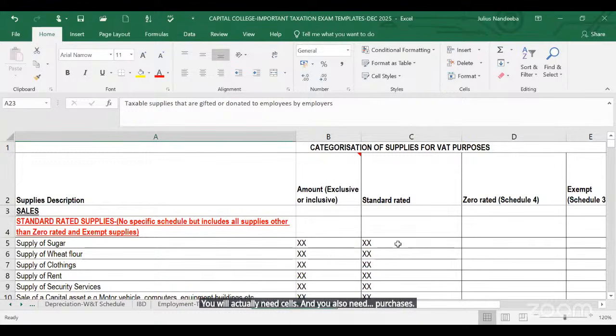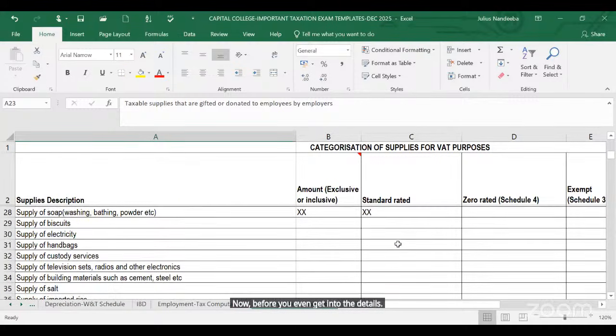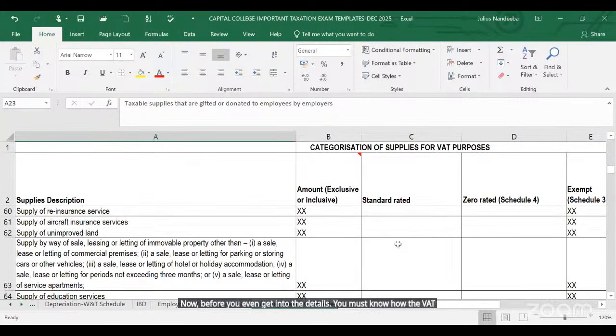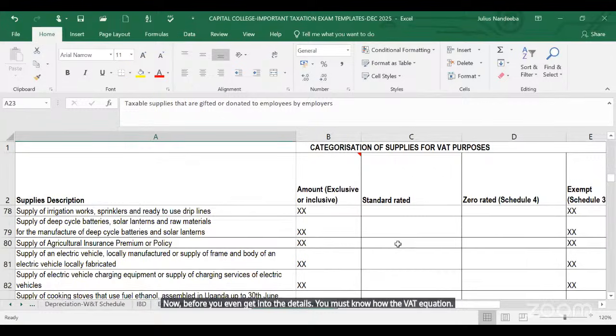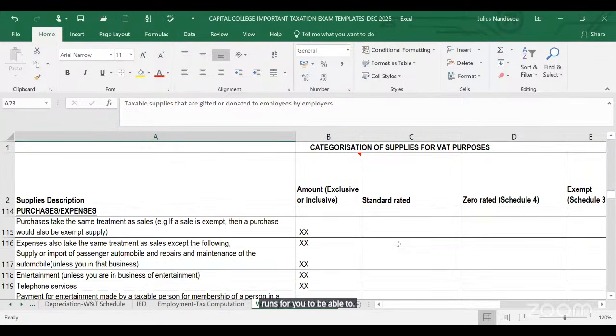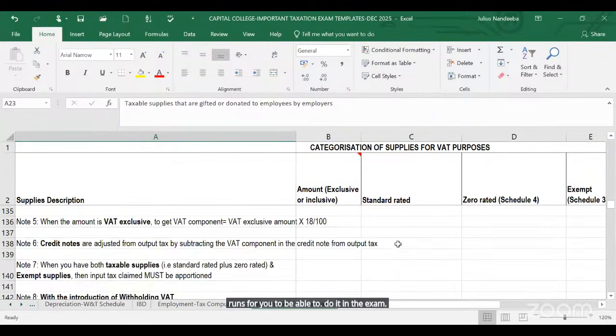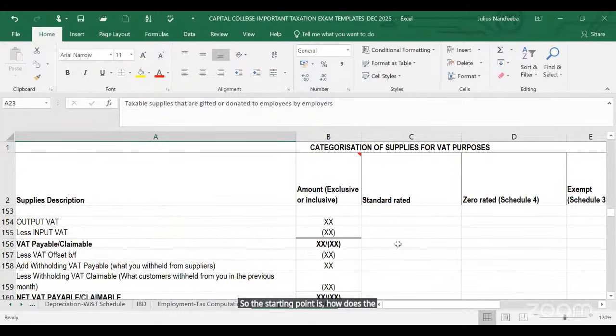And these sales and purchases are the ones that are going to create the VAT equation. Now, before you even get into the details, you must know how the VAT equation runs for you to be able to do it in the exam. So the starting point is, how does the VAT equation run?